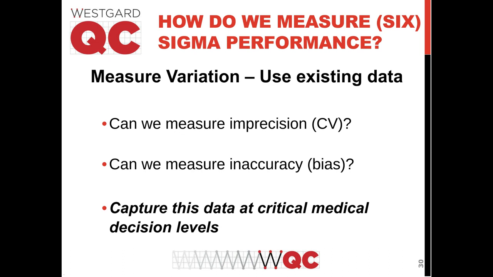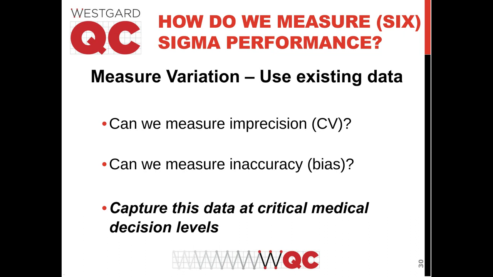So you have your CV from your controls, and you have your bias from a number of different possible sources. It could be from your proficiency testing. It could be you're lucky enough to have a reference method or a reference material handy. It could be that you are using a peer comparison software program. That is one program that we encourage because it gives you a lot of data and it's readily at hand.